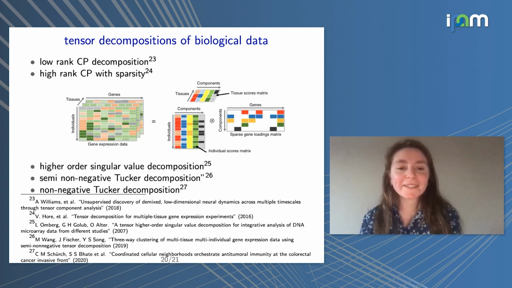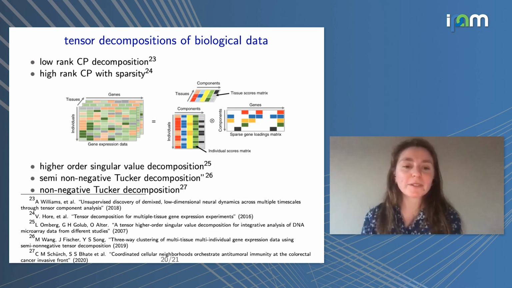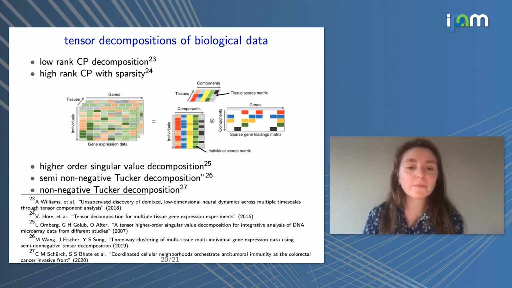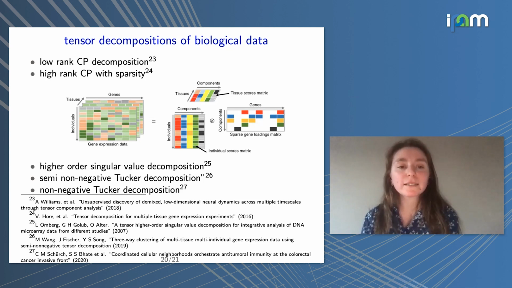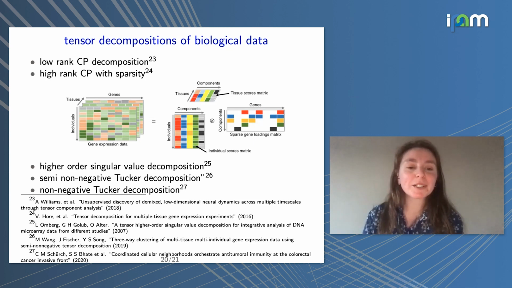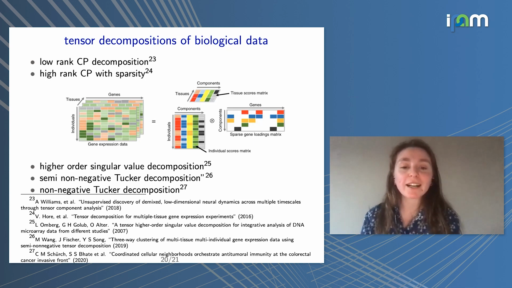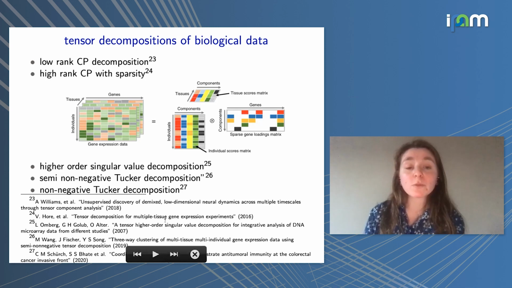And there are some other examples too. So in this paper of Omberg, Golub, and Alter, they apply the higher order singular value decomposition. In work of Wang, Fisher, and Song, they apply a semi-non-negative Tucker decomposition. So these three papers are all in the context of gene expression data that looks like this.